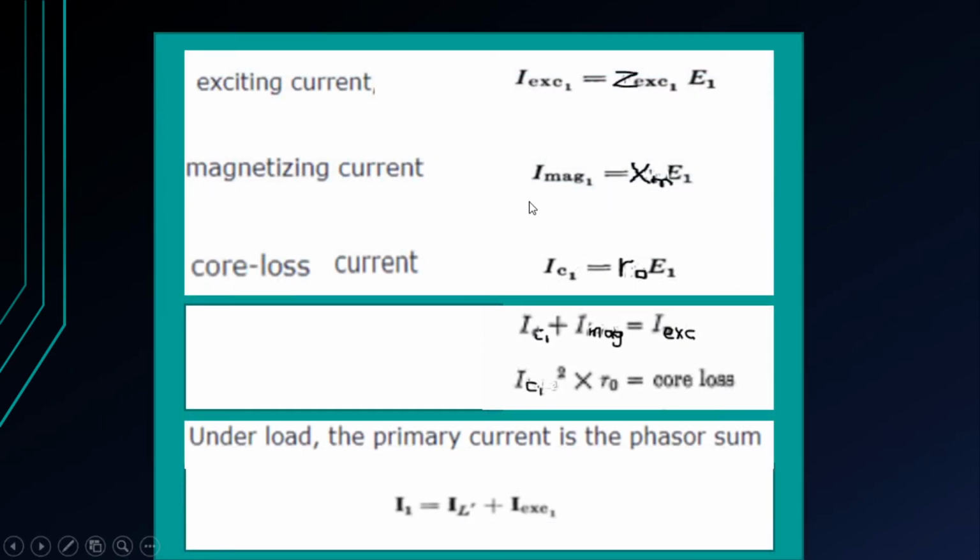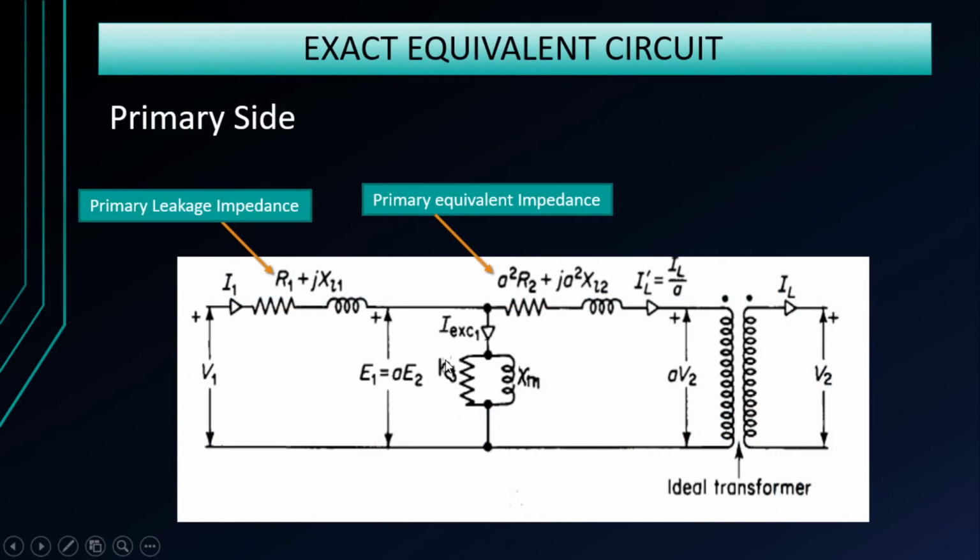Next, the magnetizing current. Magnetizing current is equal to E sub 1 over X sub m, the magnetizing reactance. So, makikita na naman natin sa circuit.